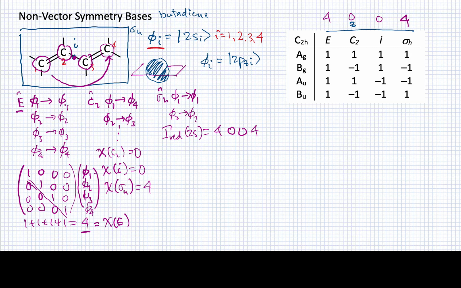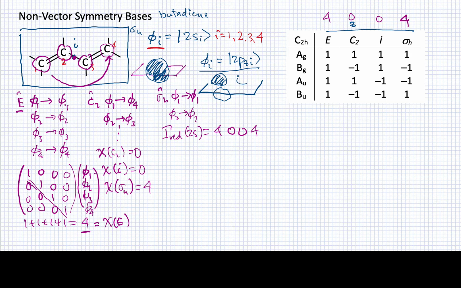All right, the main difference for these orbitals relative to the s orbitals is the following. When I look at their reflection in the sigma h plane, I might start with a p orbital here, and I'll draw my sigma h plane here.